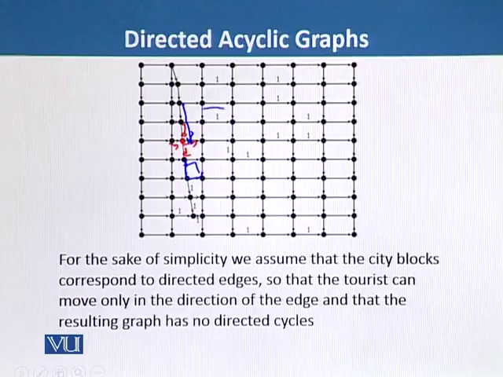So by using this technique, the tourist will not come back in this direction, because this is an acyclic graph. If this were a cyclic graph, then the tourist may visit one attraction many times. So by using this technique, the tourist will visit one attraction only once in this path.